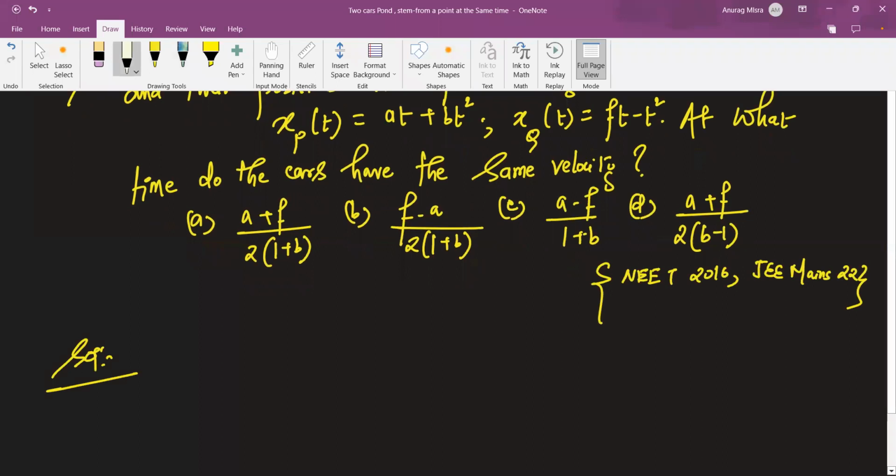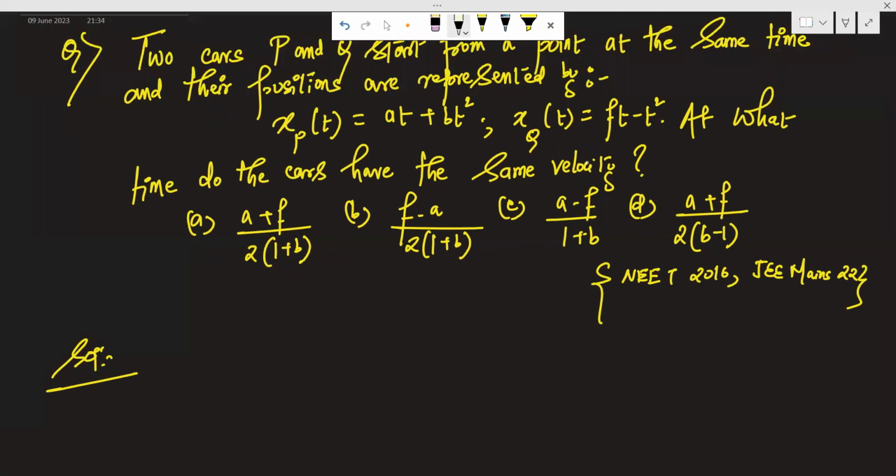Position is given. We have to find that when do they have same velocity. एबार already मैंने क्या बताया था कि velocity if not mentioned it means what? Instantaneous velocity. So velocity means we have to find instantaneous velocity. तो हमें ये निकालना है कि at which value of t v of p and v of q will be same.